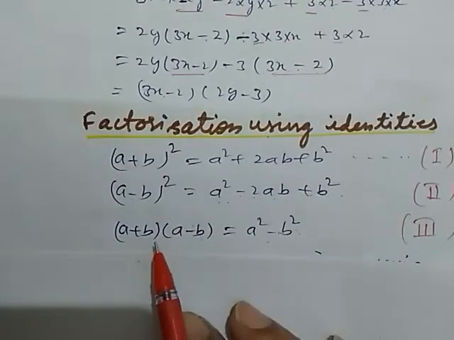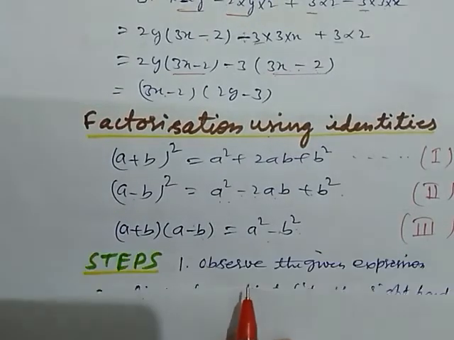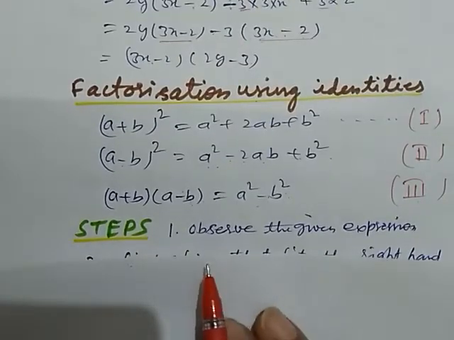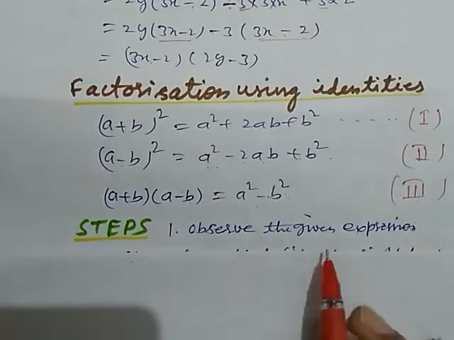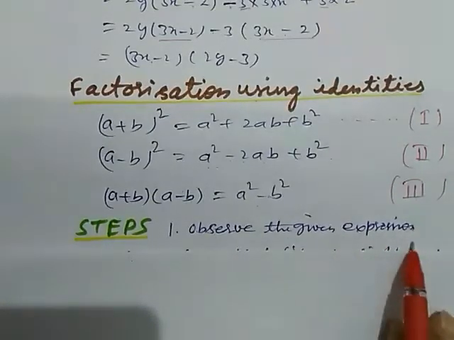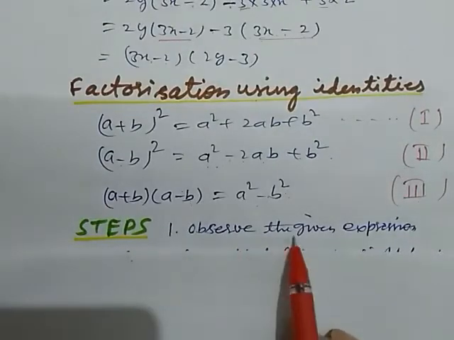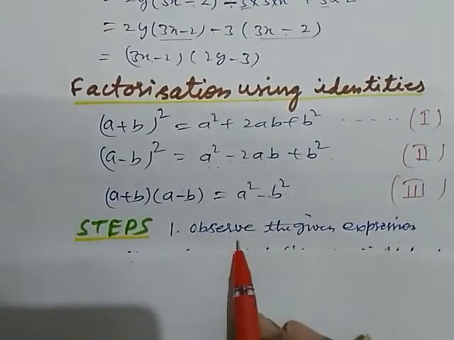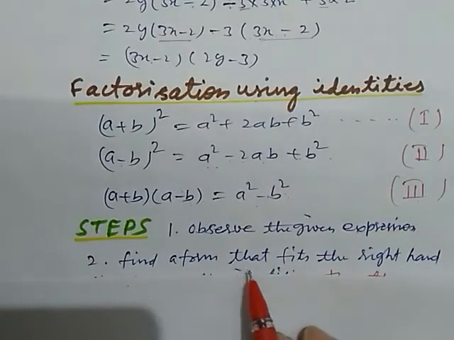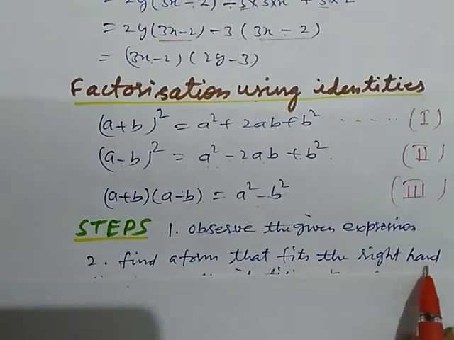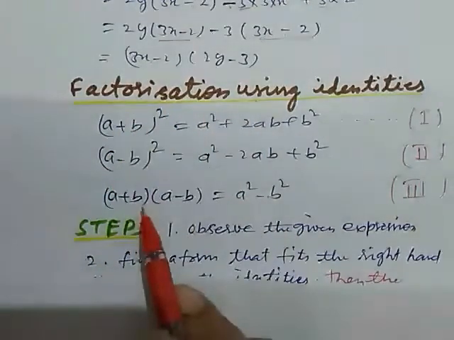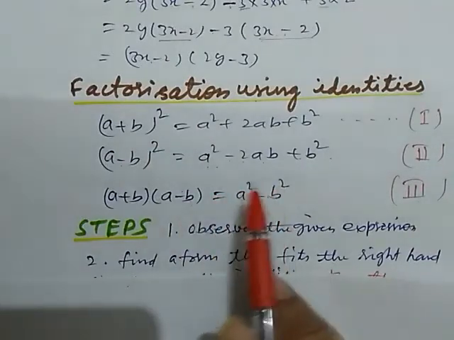But remember what the different steps are, how we use factorization by using identities. First, we observe the given expression. What is the expression given to us? First, we observe it. Now, second, find a form that fits the right hand side of one of the identities. By observing, we can find which terms fit the right hand side.